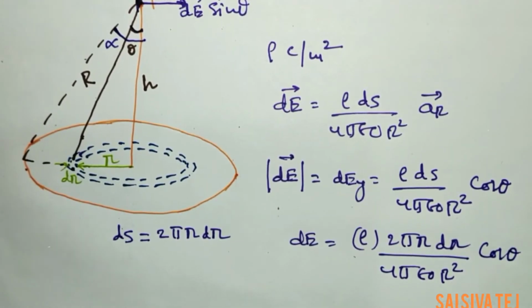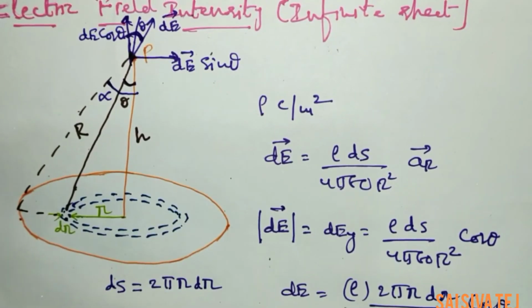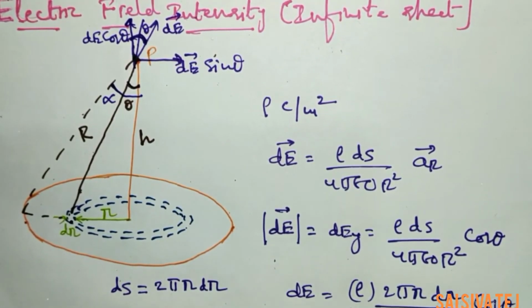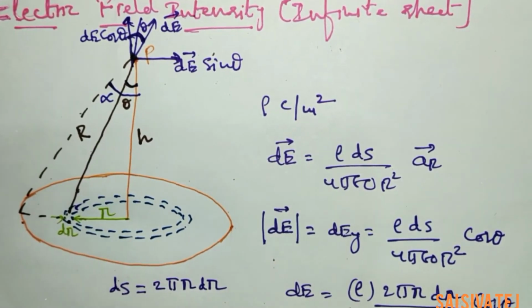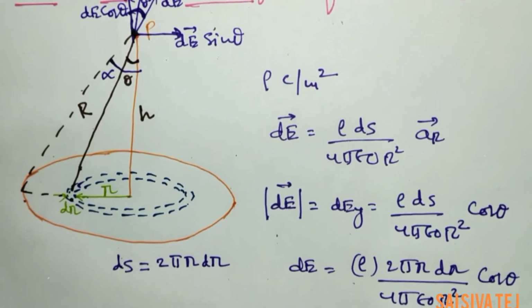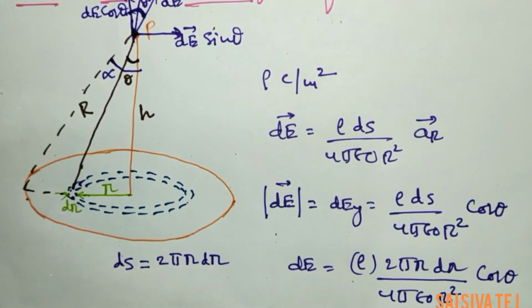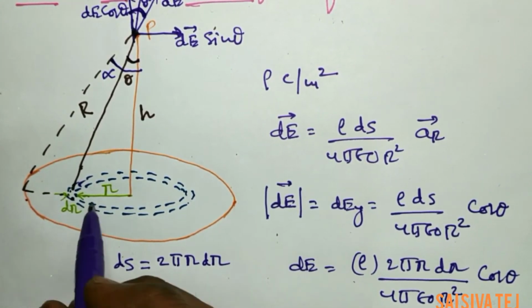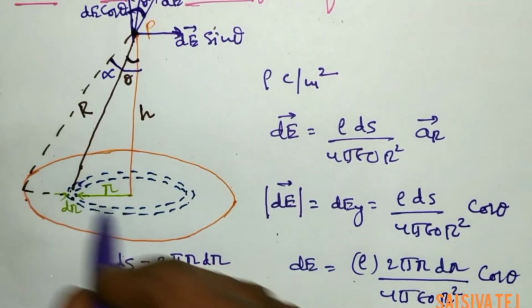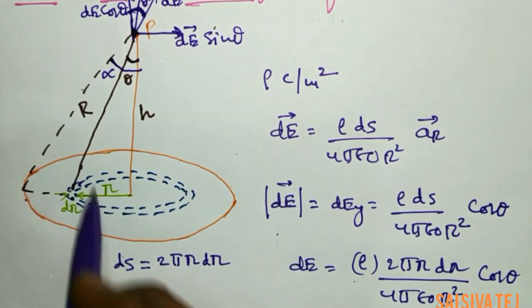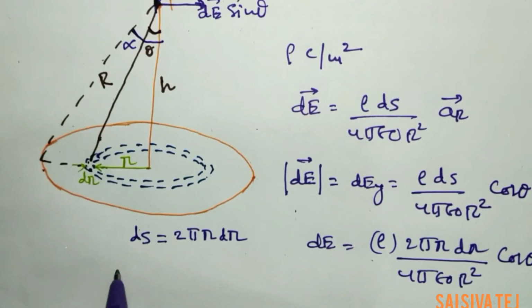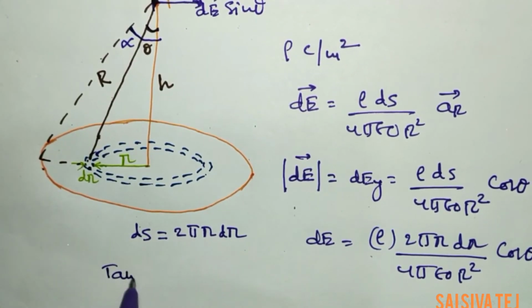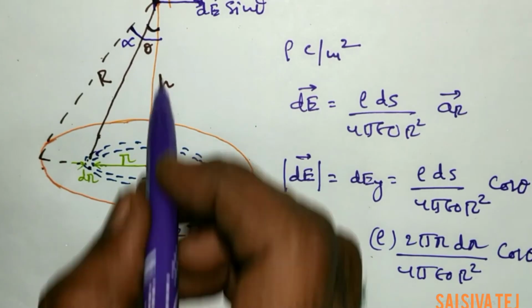Here we do the same that we have done for the previous example. We convert all these things into the h component and also the theta component. We know that if you find the trigonometric ratio within this right angle triangle, we are going to have tan theta equal to r by h.